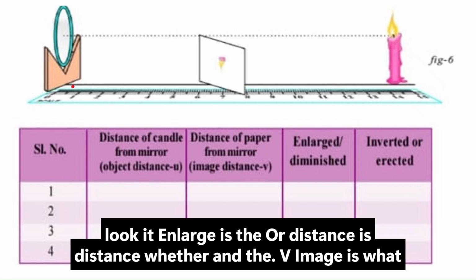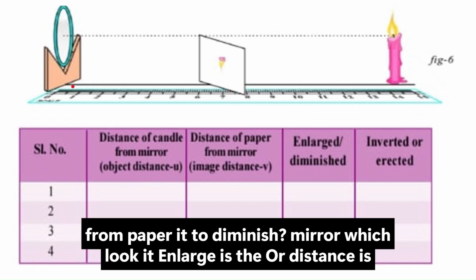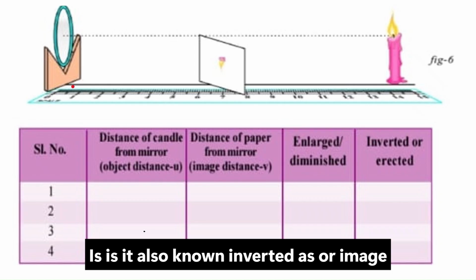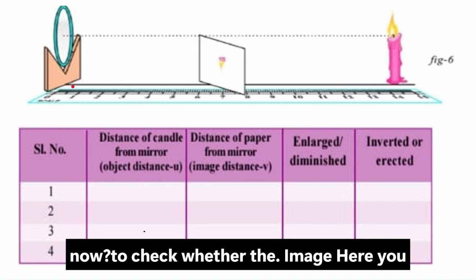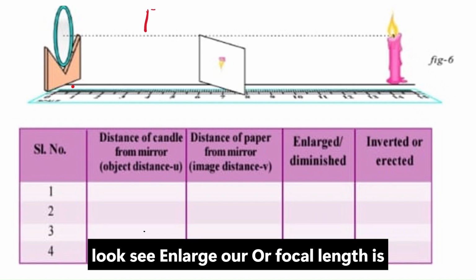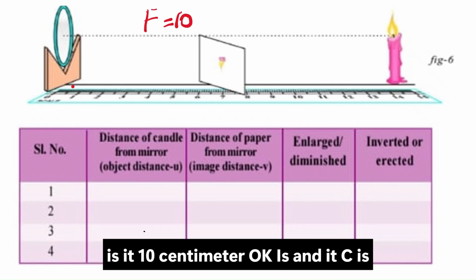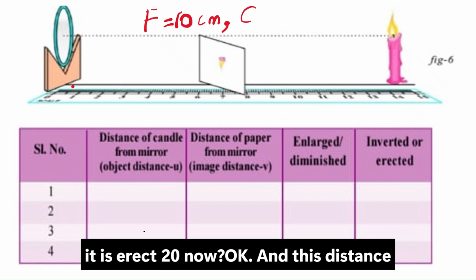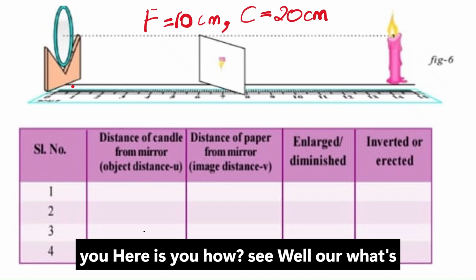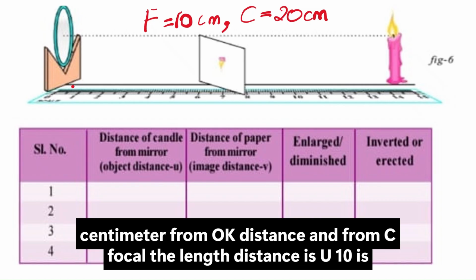And V is the distance from paper to mirror, the image distance. You also need to check whether the image looks enlarged or diminished, and whether it is inverted or erect.